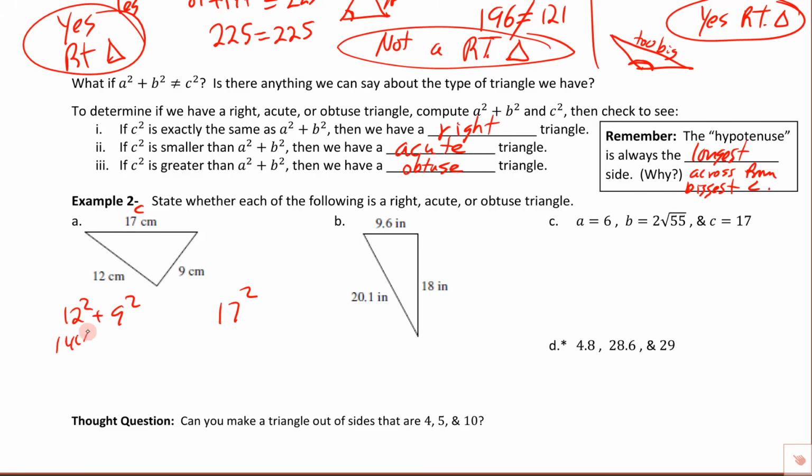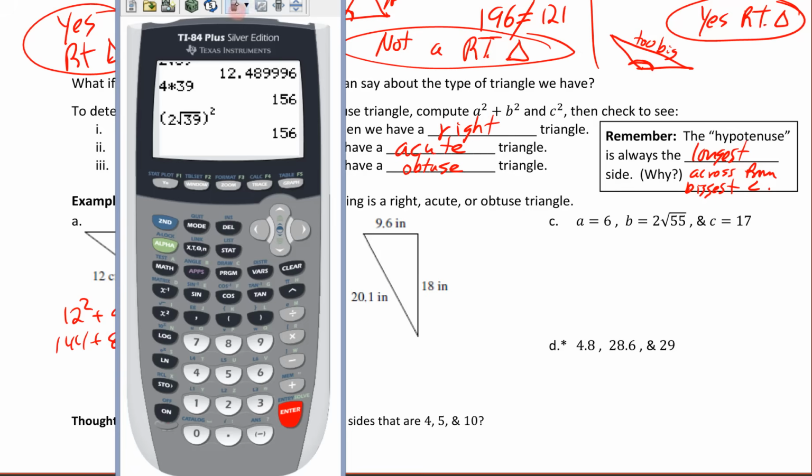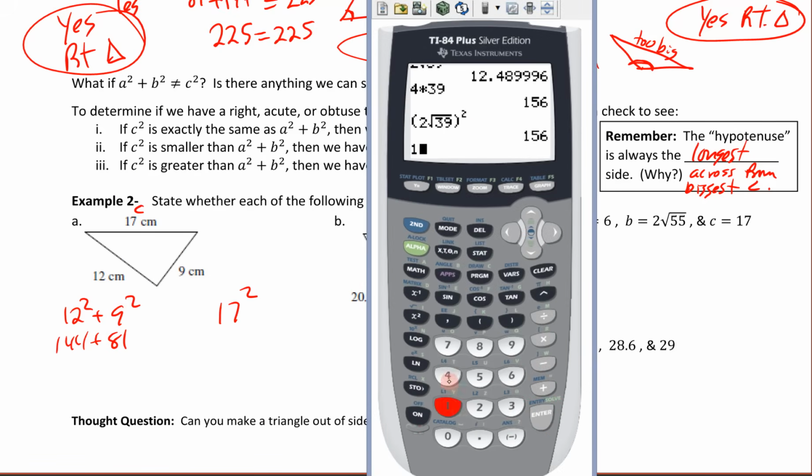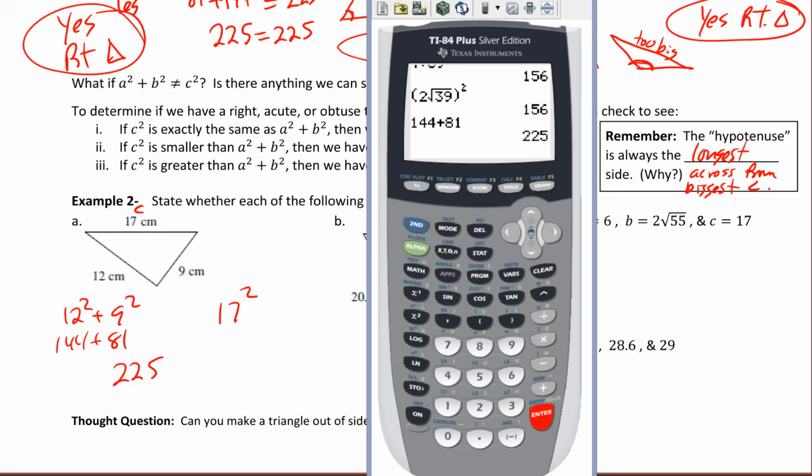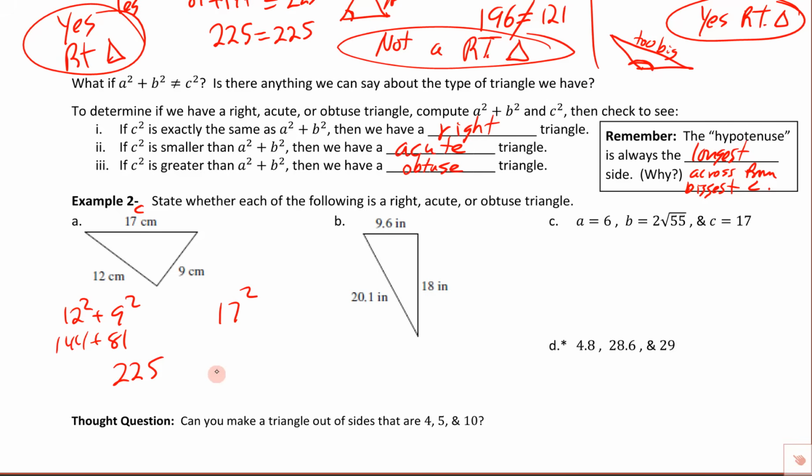So this is 144 plus 81. So let's check that. 144 plus 81 equals 225. So this is 225. And then 17 squared, I'm hoping you remember what that is. 289. Okay. This is the hypotenuse.